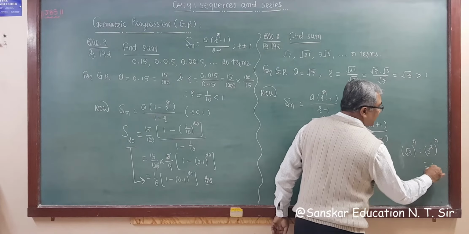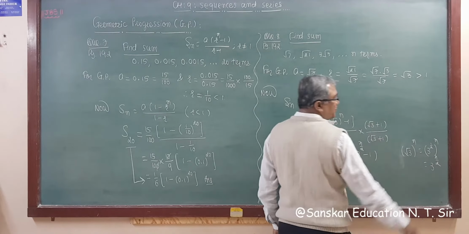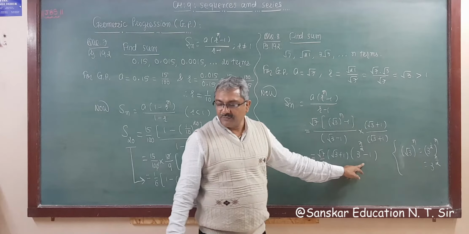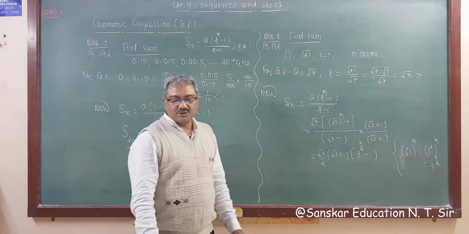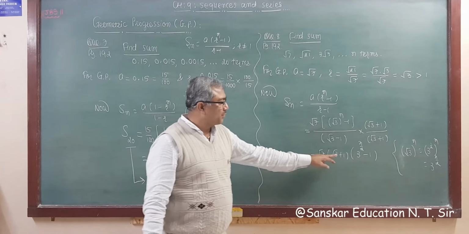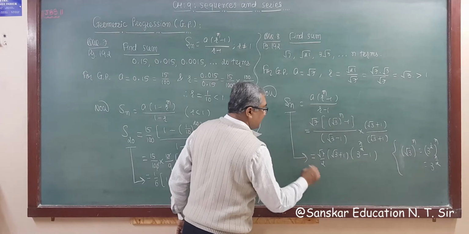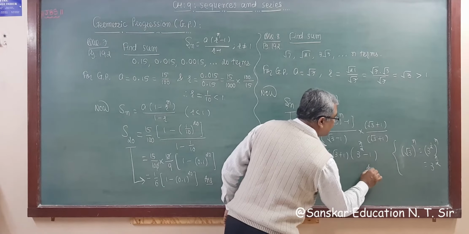So multiplying the powers, it becomes n by 2. So I have directly written 3 raised to n by 2 minus 1. So this will be your answer: root 7 by 2 (root 3 plus 1)(3 raised to n by 2 minus 1), right? So this is your answer.